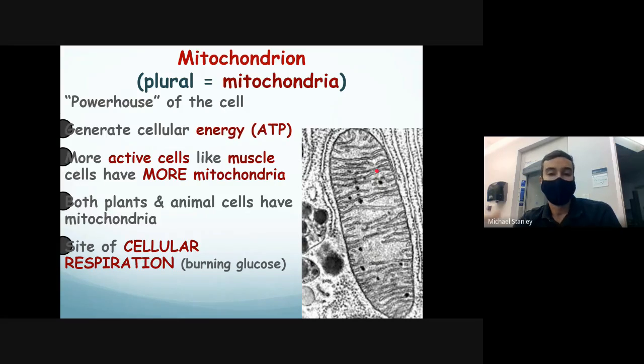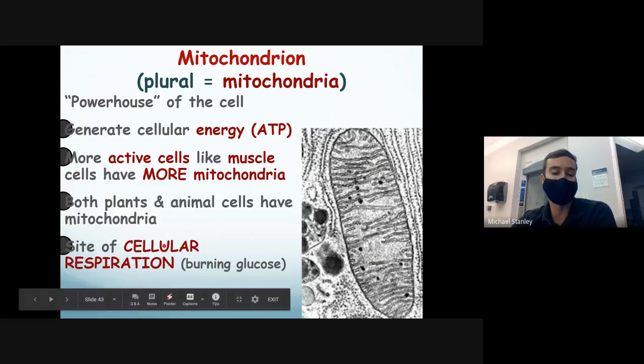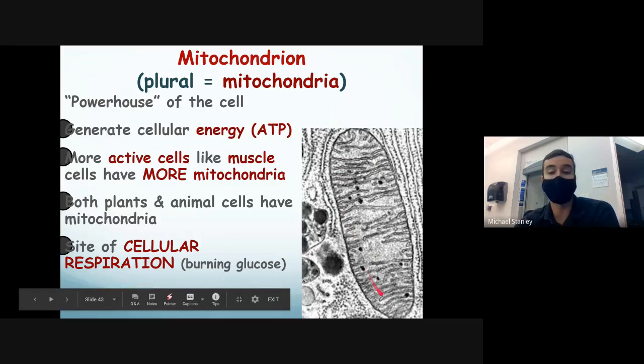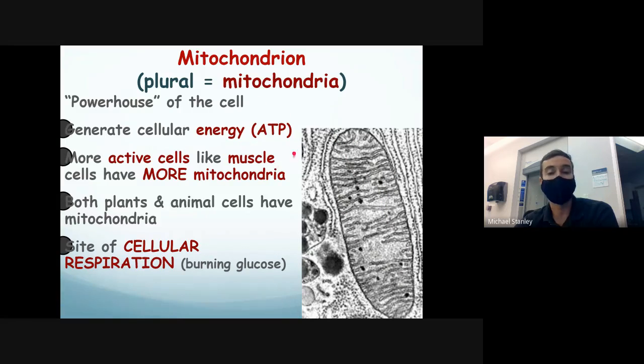And if you take biology or biochemistry courses in college, like Mr. Stanley did, you have to learn all the exact steps and the exact chemicals that are involved in a single round of cellular respiration. For this class, though, all you have to know is that your mitochondria makes energy. It makes ATP for the cell to use as energy.